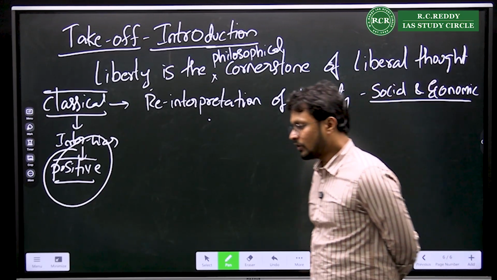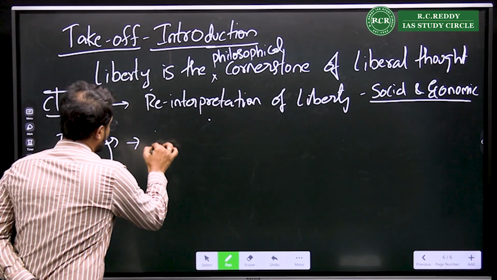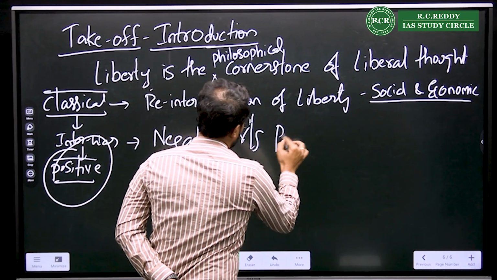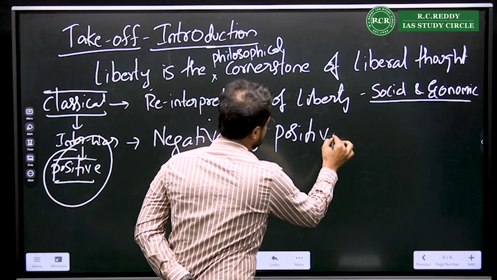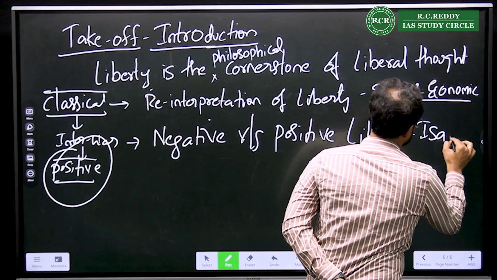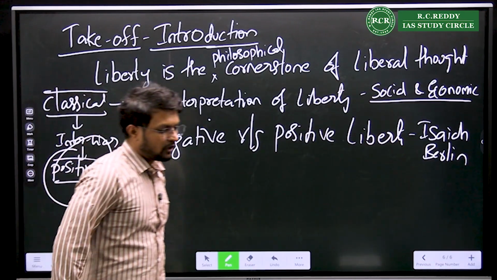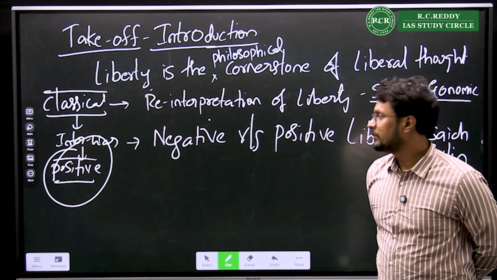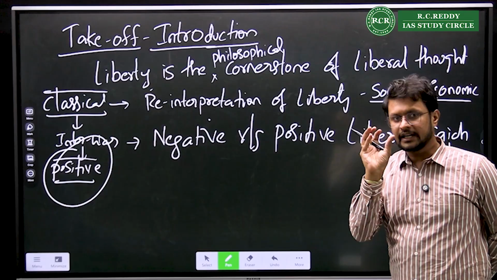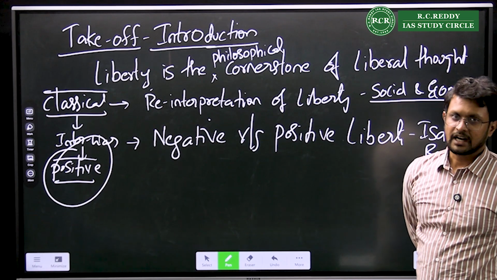You can in fact go a step ahead, saying that the debate on negative and positive liberty, where you can quote Isaiah Berlin, is a kind of concept map that you can see for the debate on liberty, right?